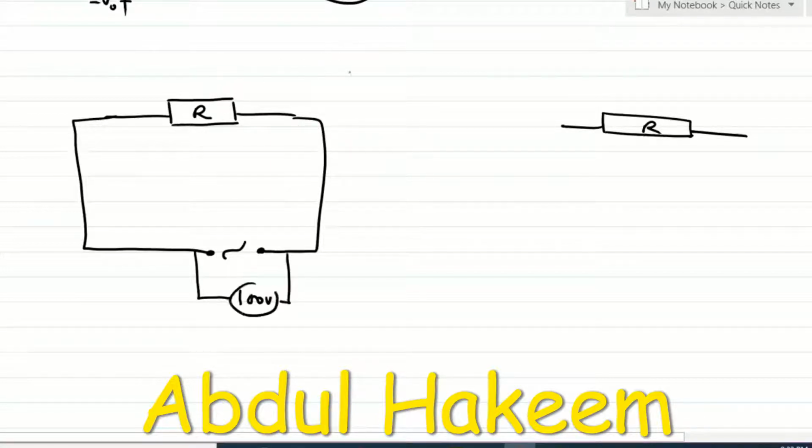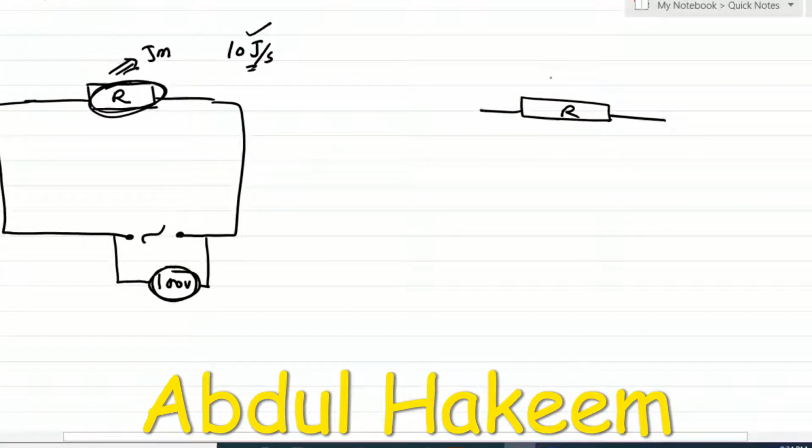The voltmeter is reading 100 volt. When a joule meter is placed near this resistor, suppose it is receiving 10 joules per second, meaning the energy is dissipated from this resistor at the rate of 10 joules per second.